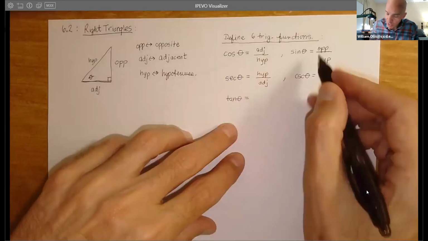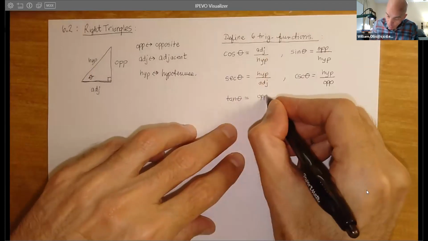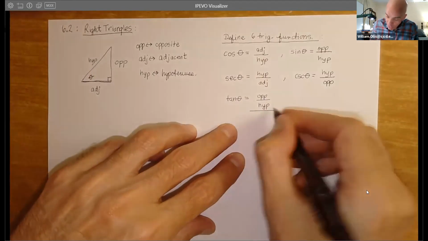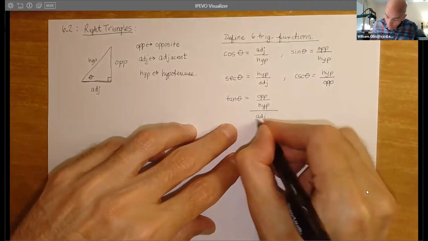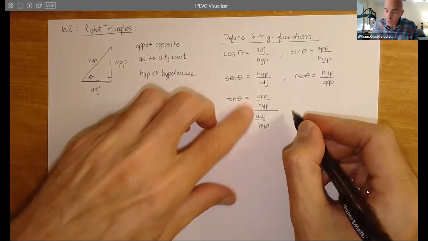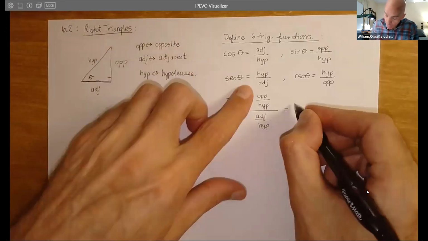Well, when we do that, let's just write it down. We'll say opposite over hypotenuse divided by adjacent over hypotenuse. Now, of course, you see the hypotenuse lengths will absorb when we invert and multiply to just give us opposite over adjacent.